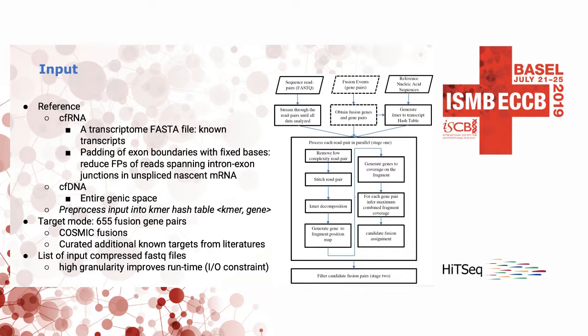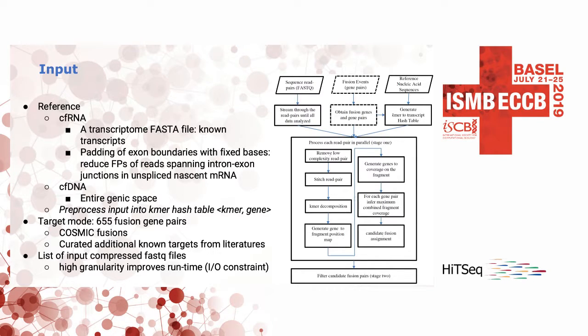For the reference curation for the cfRNA data, we just took the existing transcriptome file, plus we padded in the exon boundaries with a fixed number of bases. The reason to do this is that it can reduce the false positives of reads spanning intron-exon junctions of the unspliced nascent mRNA.